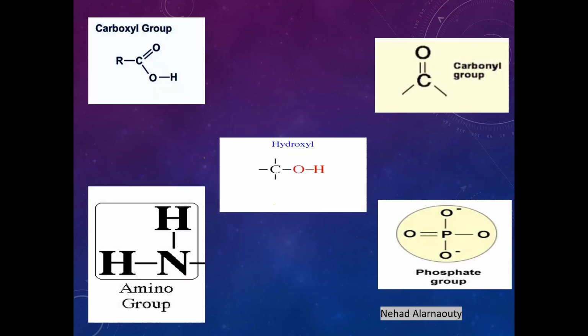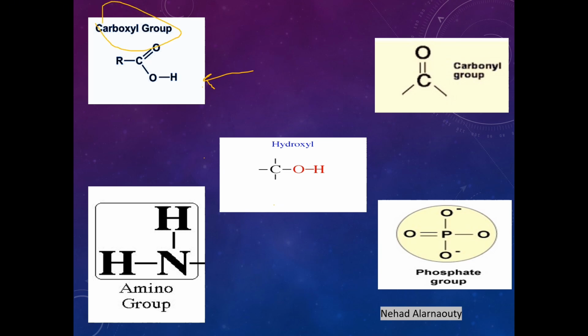We can differentiate between different molecules, even if all of them are in the same category, as all of them are proteins, by their functional groups. Basically, proteins are all made of carbon, hydrogen, oxygen, and nitrogen.